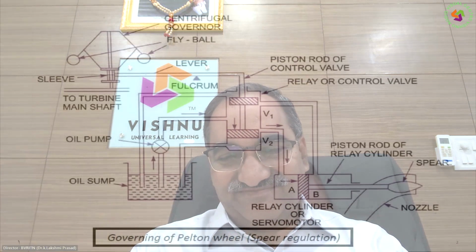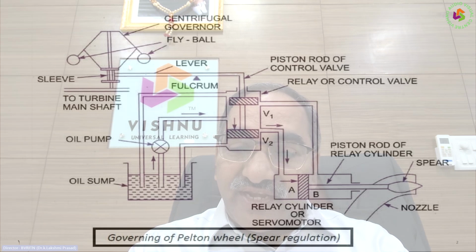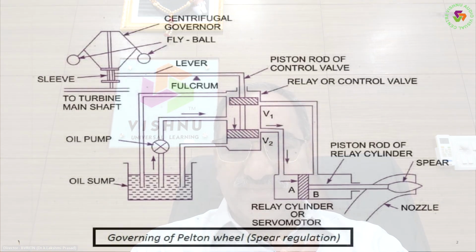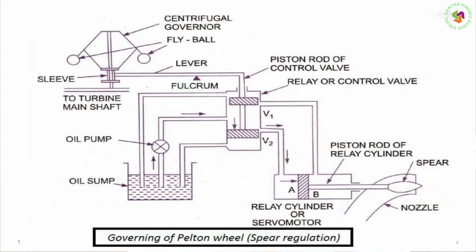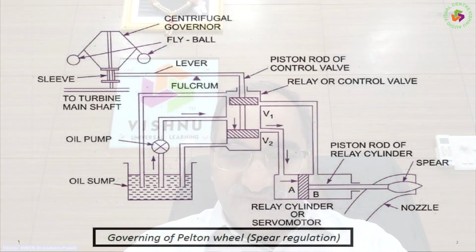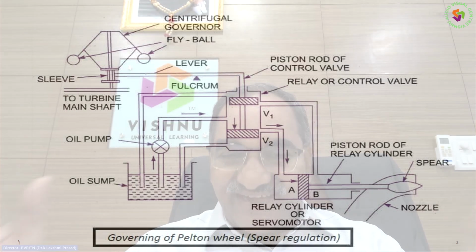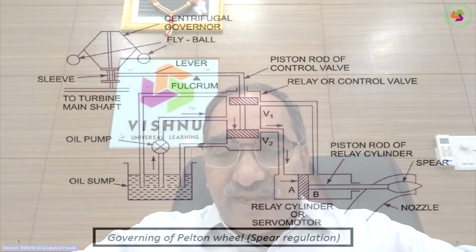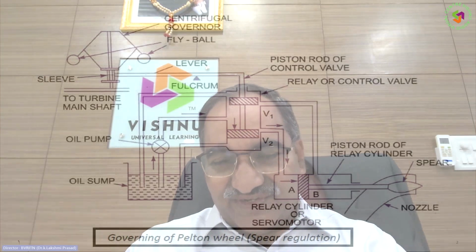Suppose suddenly the load on the generator decreases. Load on the generator decreases means what? That means the power supplied by the generator is not being utilized and there is no requirement of power to that extent. So the load on the turbine is reduced.